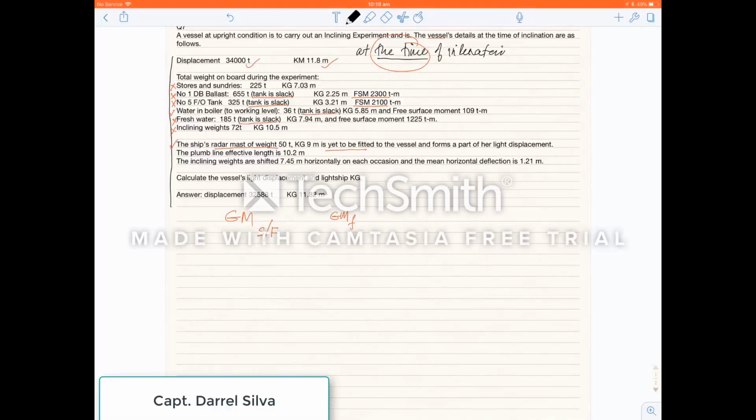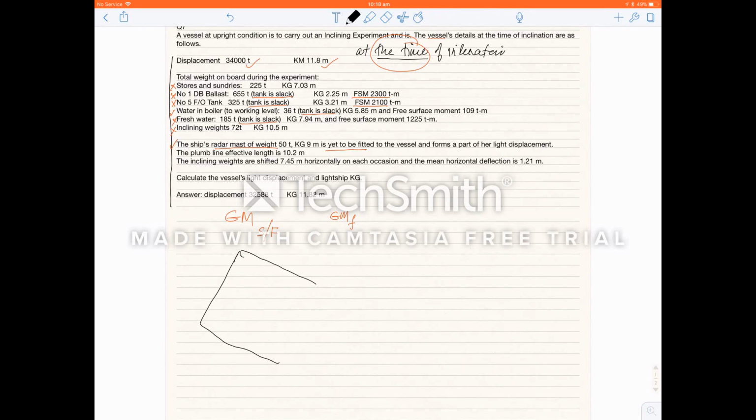If you remember the diagram when we did our inclining test, that was the ship that has been inclined. That's the center line of the ship, the keel, center of gravity, but that's the fluid center of gravity because we have liquids that are moving during the time of inclination. The center of gravity moves parallel to the movement of the inclining weights, to G1.